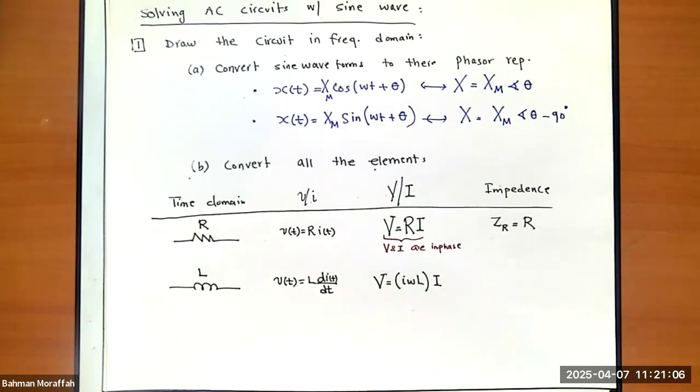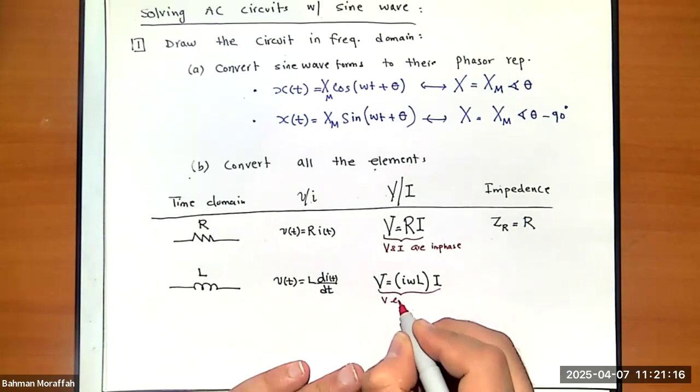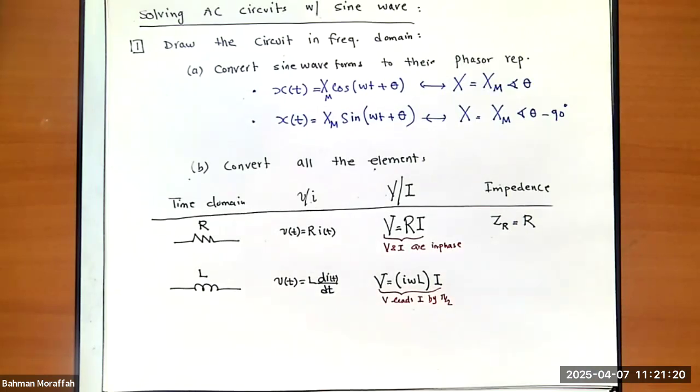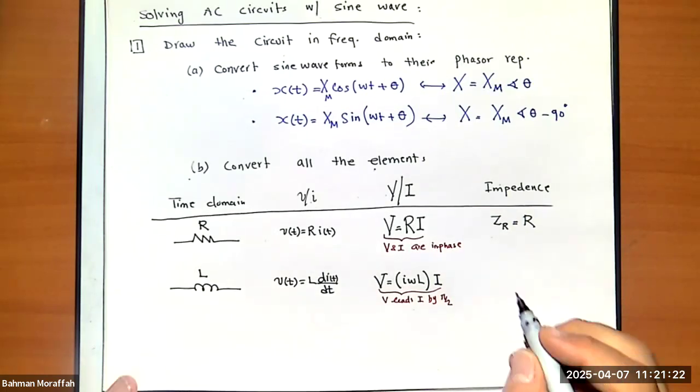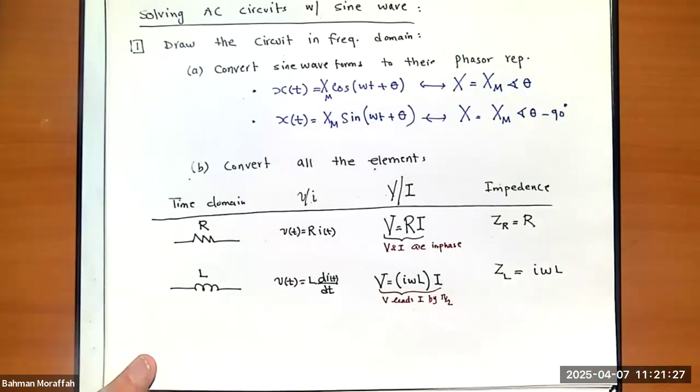Therefore, the phase of V is pi over 2 plus the phase of I, which means V leads I by pi over 2. And of course, the impedance would be j omega L.